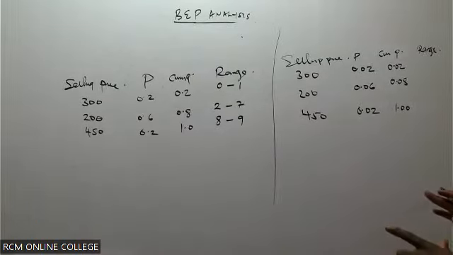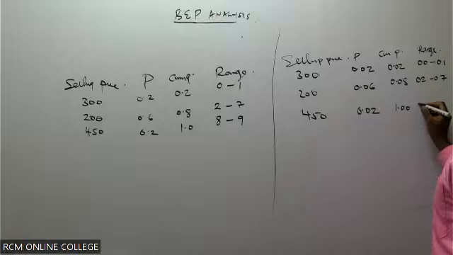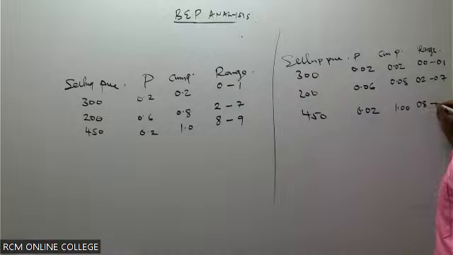The same items actually, here I'm going to have 0.0 to 0.1, 0.2 to 0.7, 0.8 to 0.9. For example, let me just try to put that there.